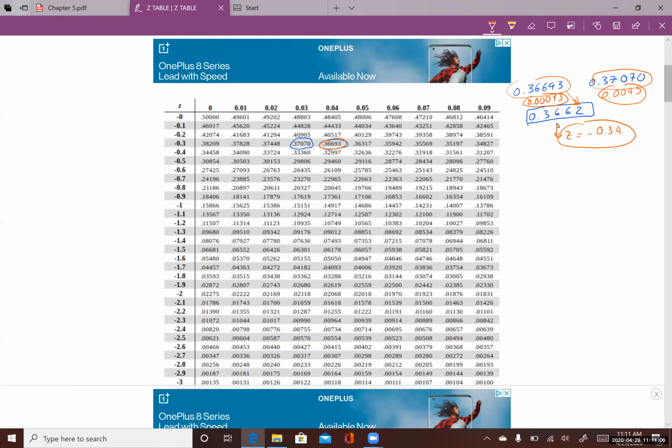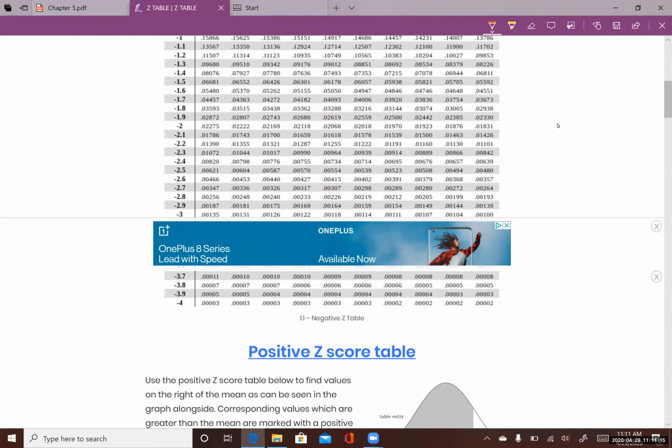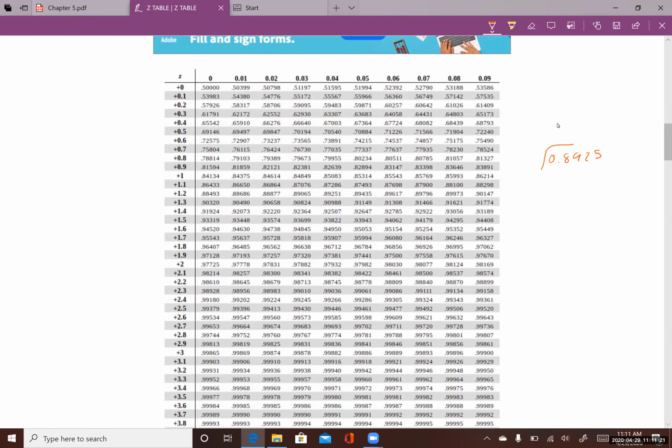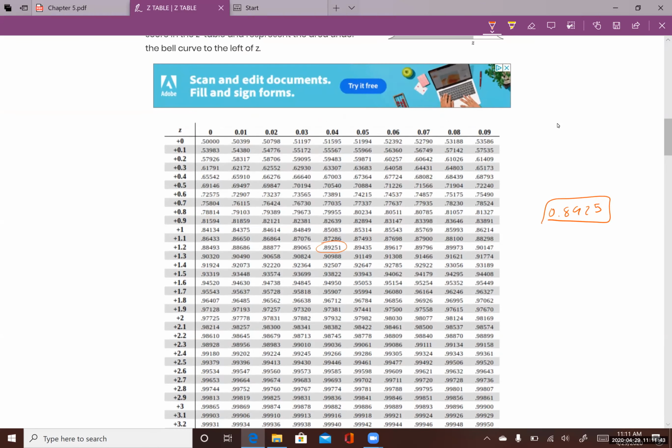Again, we're looking at this value, and it's greater than 0.5, so we know that we need to go to the positive table. 0.8925, let's look here, 0.8925, which is this one, right? 0.89251 is certainly the closest value that I can find in this table, and this value corresponds to 1.24. So the z-score is 1.24.